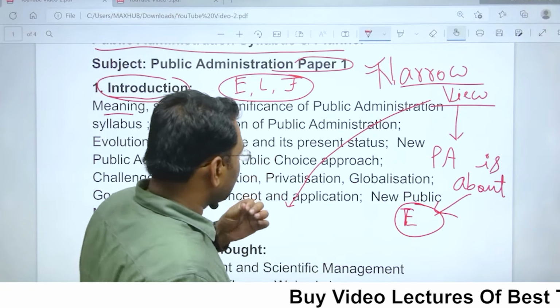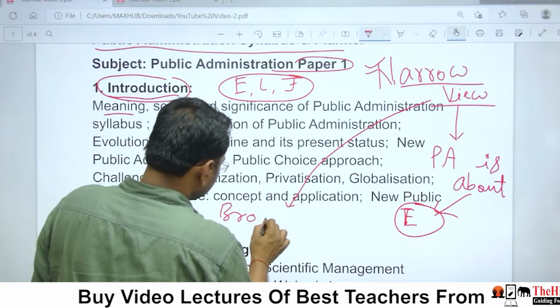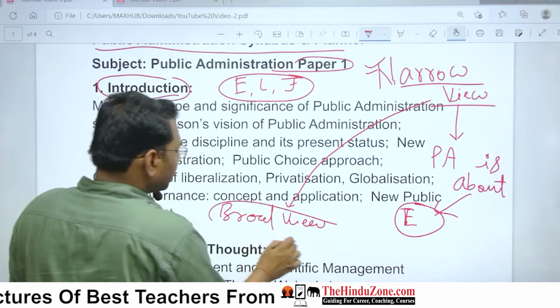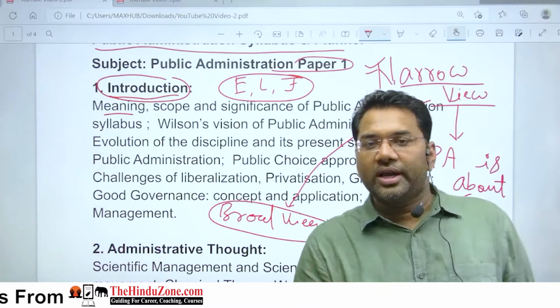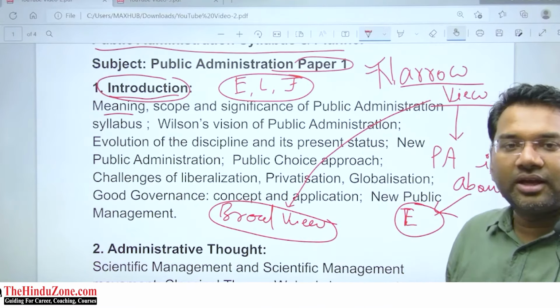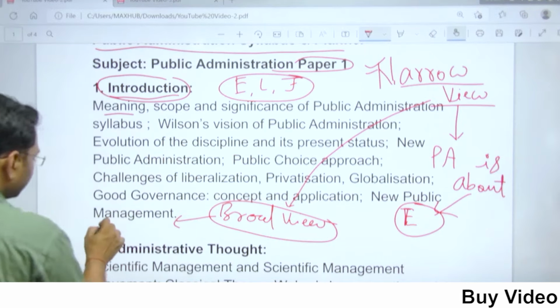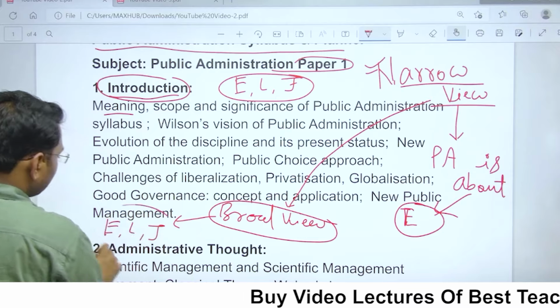But the proponents of broad views came. Broad views आया हमारे पास, and this broad view says no, public administration is not only about policy implementation or the E, but public administration is about E, L and J all.